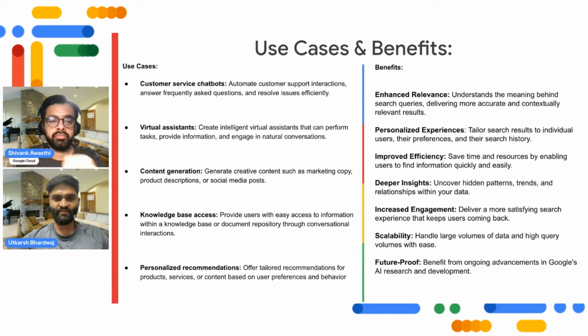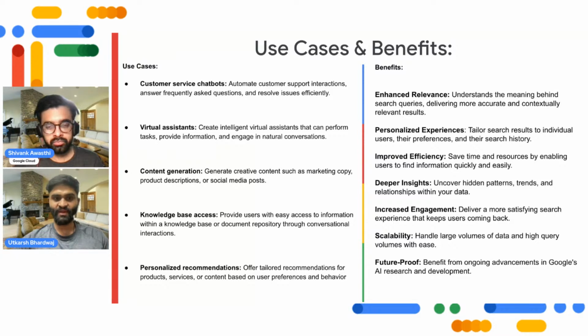Now let's quickly discuss the use cases and benefits, similar to the ones that we discussed for Vertex AI Conversation. One use case is customer service chatbots, which help you automate customer support interactions, answer frequently asked questions, and resolve issues efficiently. Second is virtual assistants.